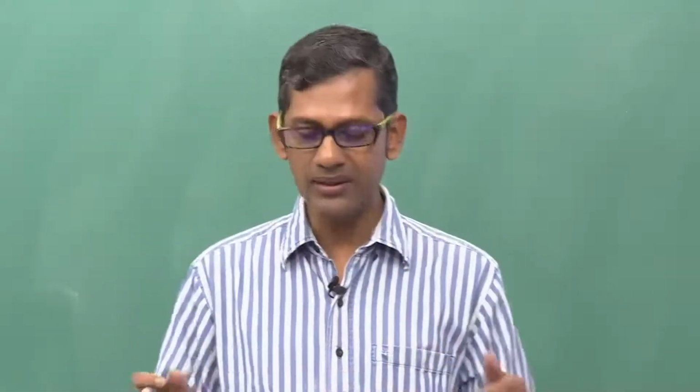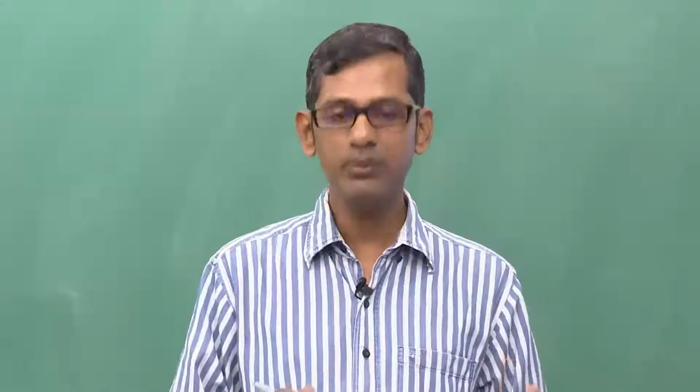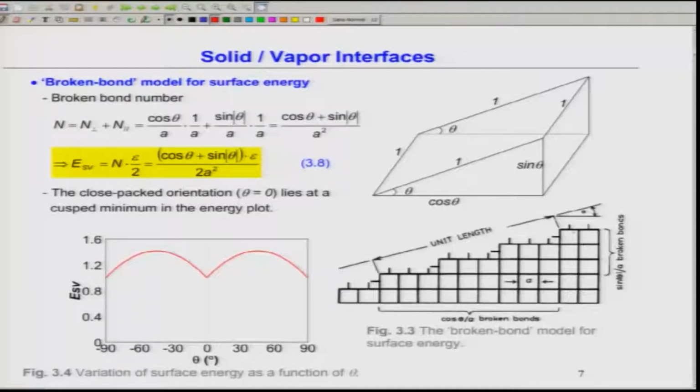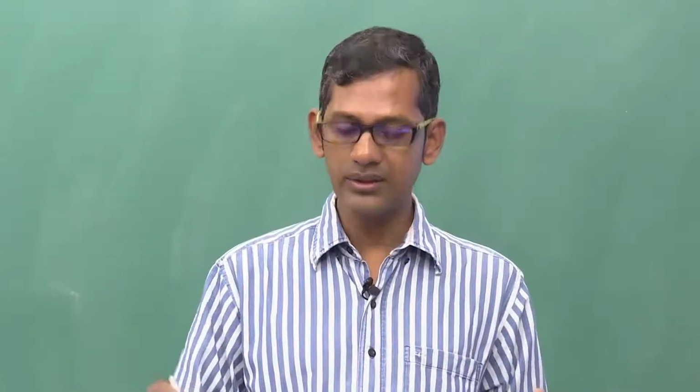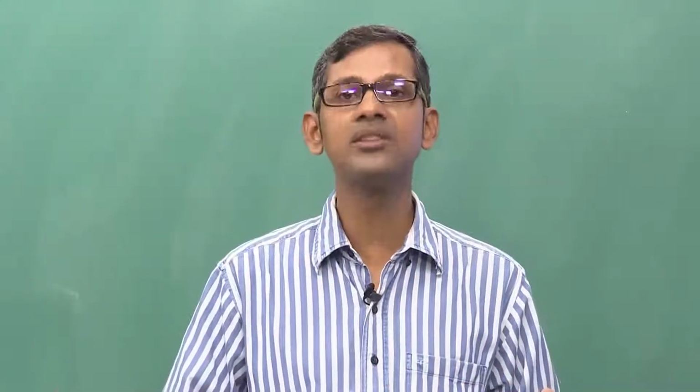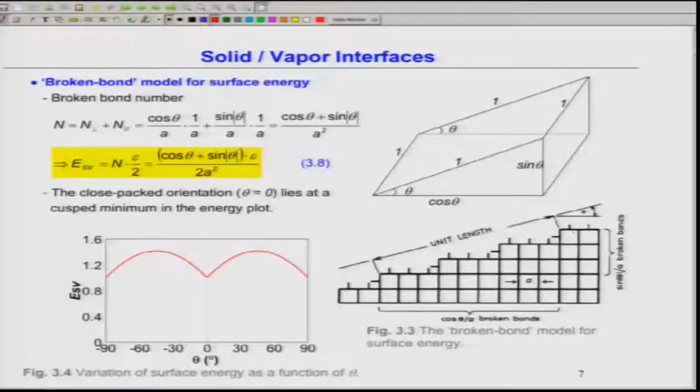Because different planes are sitting on the surface, the number of bonds broken is also different, not the same, because the number of atoms sitting on the top surface of a 111 plane is different from that of a 100 plane or some other plane. So, we need to consider such a generalized situation in which the broken bonds can be of different types on this surface.